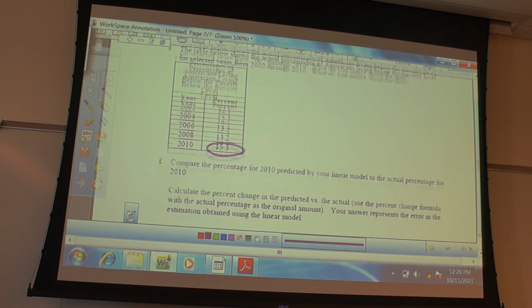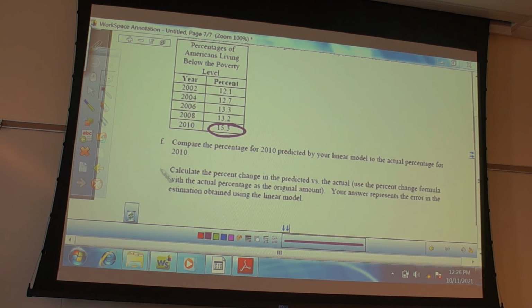All right, so we're going to compare percentages. What we're going to do is take what we expected to get, 5.9, and subtract the original amount.